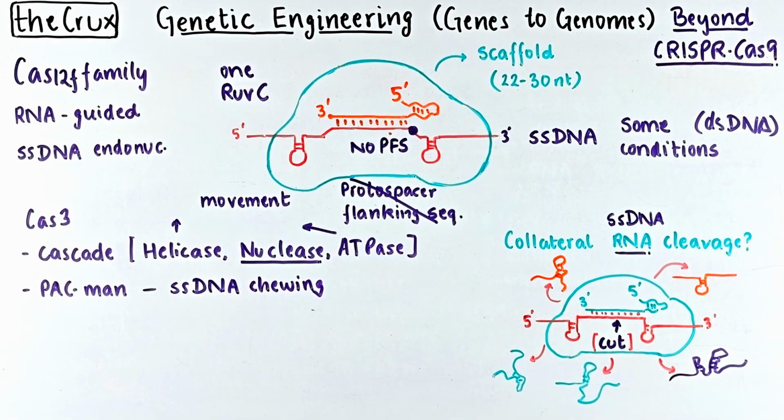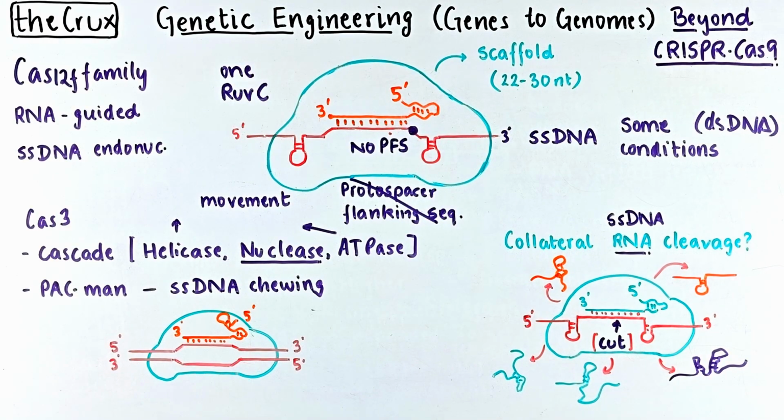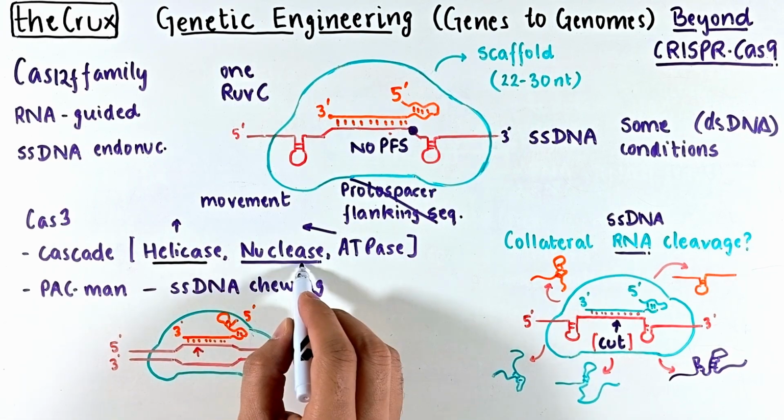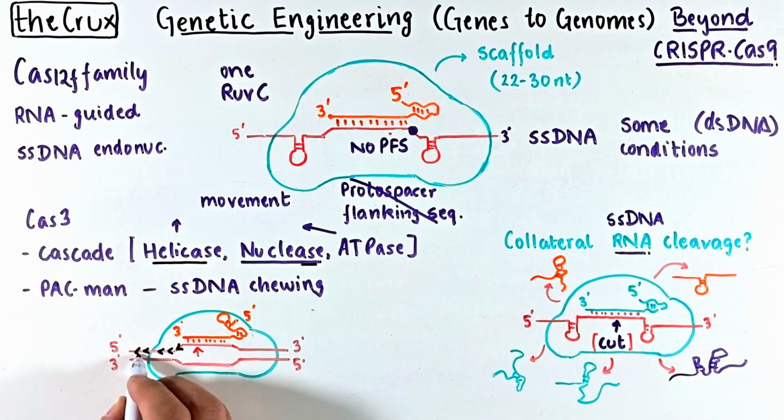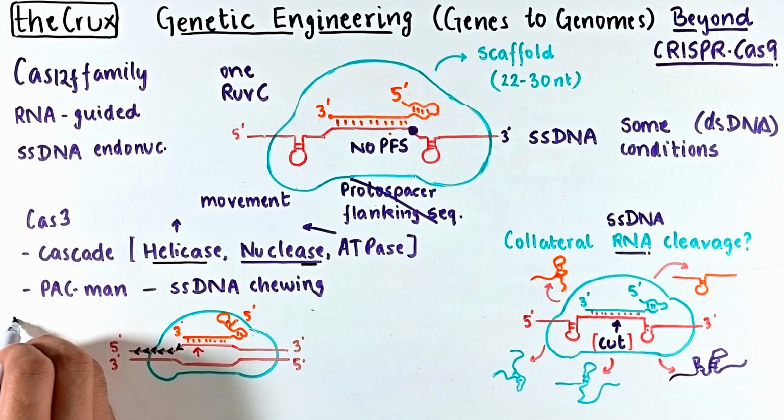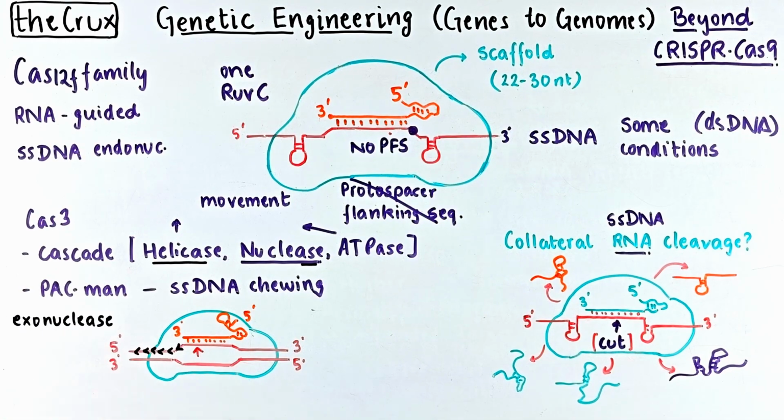It is a double-strand DNA-specific enzyme complex, and once the cut is made by the nuclease, the helicase unit gets activated, and it starts this unwinding process, and the nuclease starts eating all the DNA as it moves, essentially behaving like an exonuclease in a 3' to 5' direction.